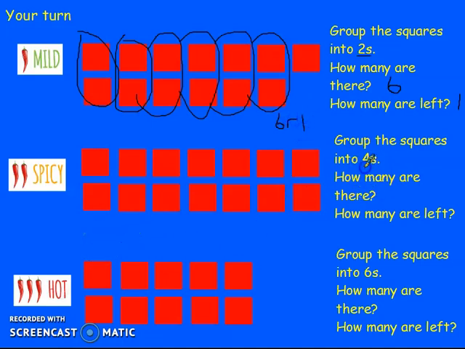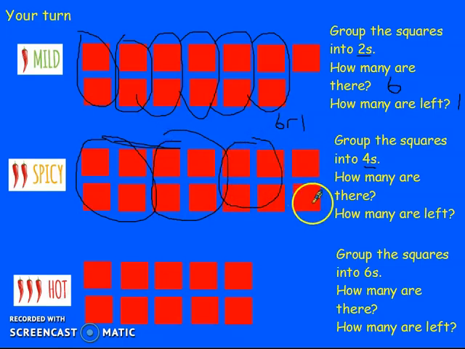The next one, we're grouping it into 4s. Ready? There's 1, oops, there's 2, there's 3, and then there's 2 left over, so I can't make another 4. So there are 3 groups of 4 with 2 left over. So it's 3, remainder 2.